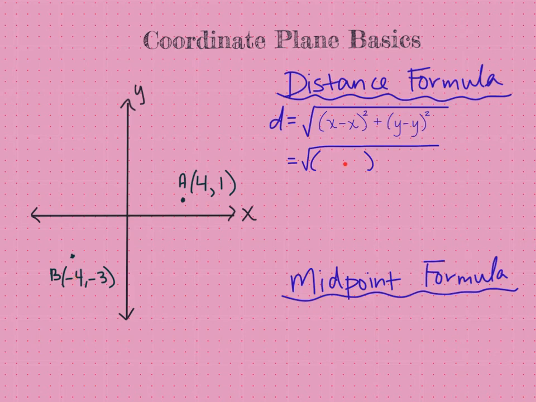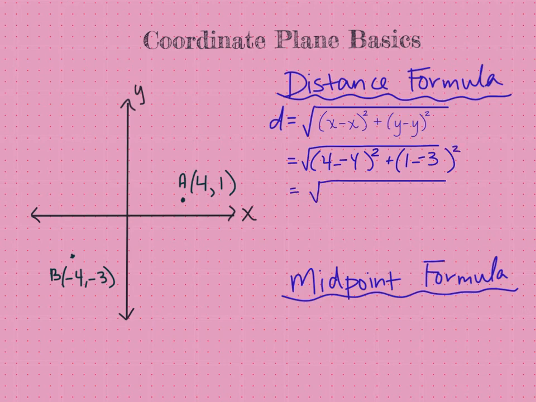We're squaring it anyway, which will get us the same answer. So I'm just going to do A minus B. So 4 minus -4, and then we'll square it. And then I'm going to do the same thing to the y values. I'm going to do 1 minus -3, and then square it.